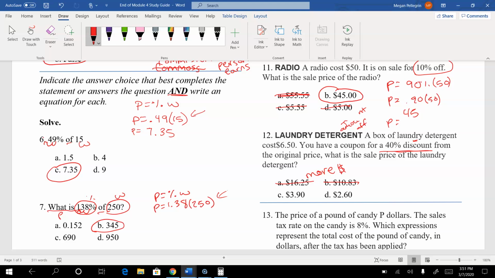Okay, so we are getting a 40% discount. Again, if I just do 100 minus 40, I'm paying 60% of that price.